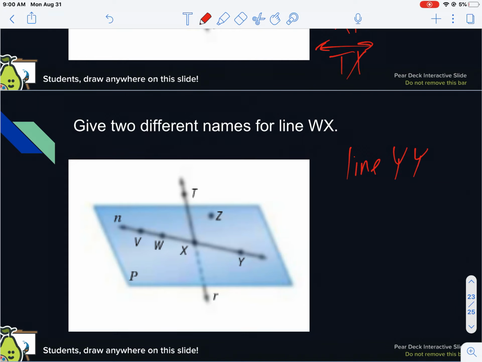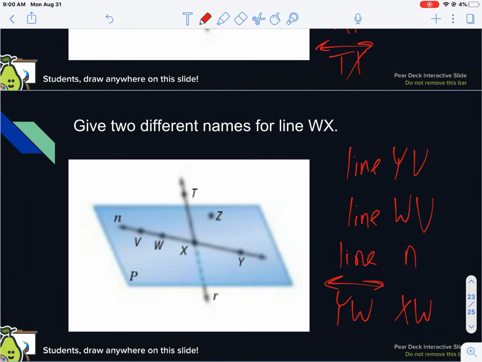Line YV, line WX, line WV, right? Line N, right? You could do the YW with the XW. There are a ton of them.